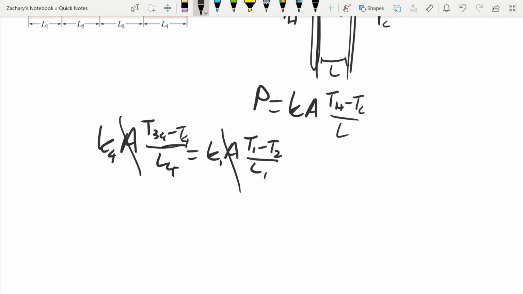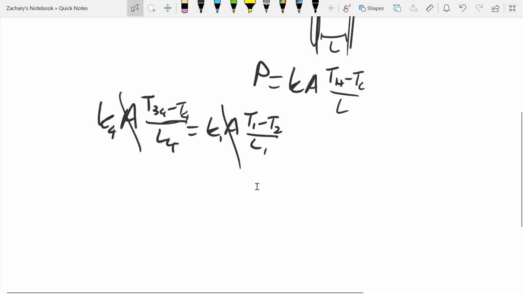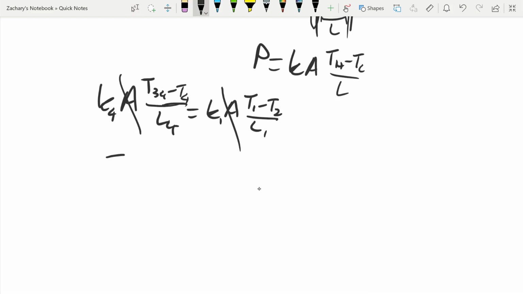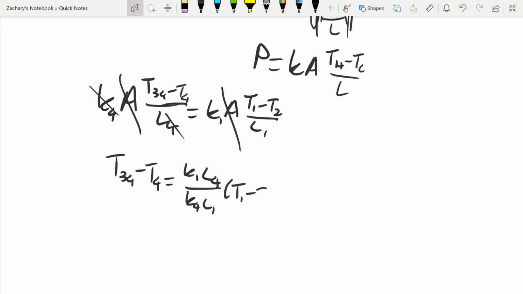Now we multiply both sides by L4 over K4, and we get T34 minus T4 is equal to K1 L4 over K4 L1, times (T1 minus T2).